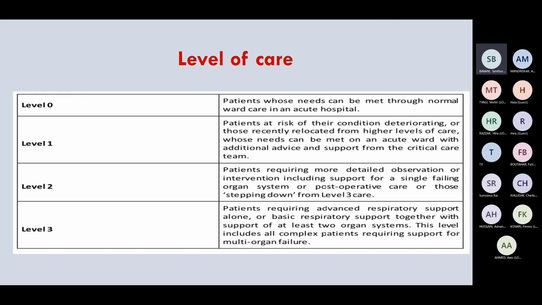Level 2 is HDU, single organ support or post-operative care patients, or step down from level 3. Level 3 is patients requiring advanced respiratory support alone or basic respiratory support together with support of at least 2 organ systems. This level includes complex patients requiring support for multi-organ failure.